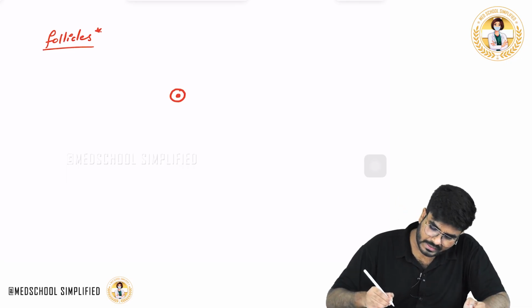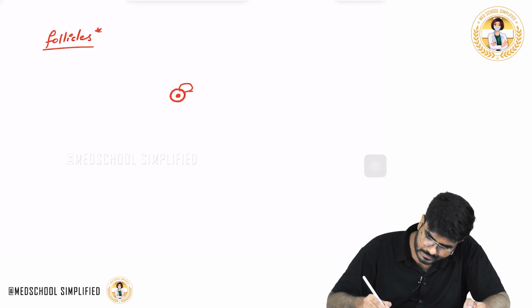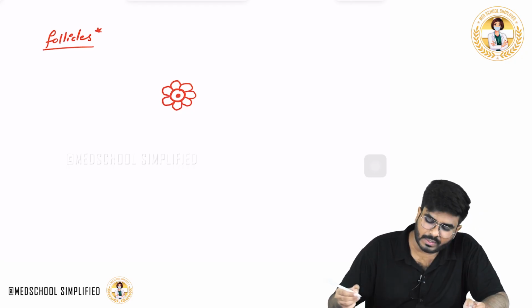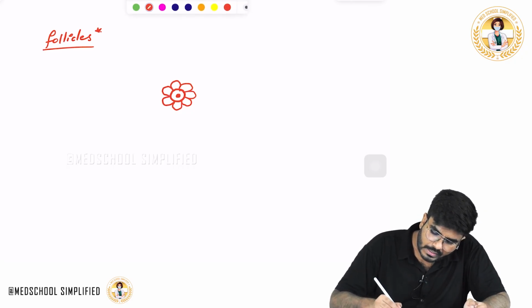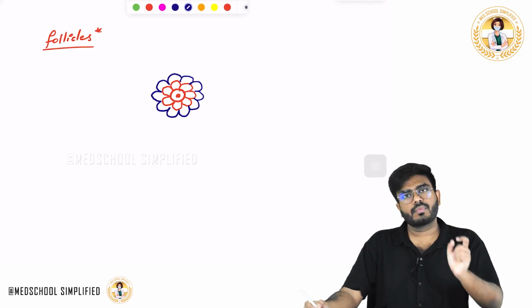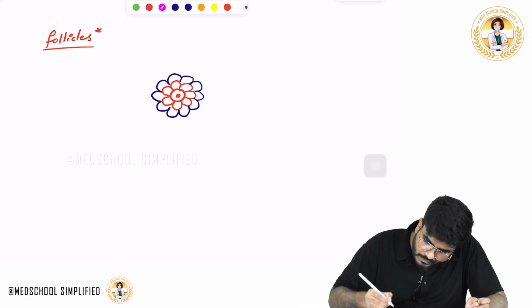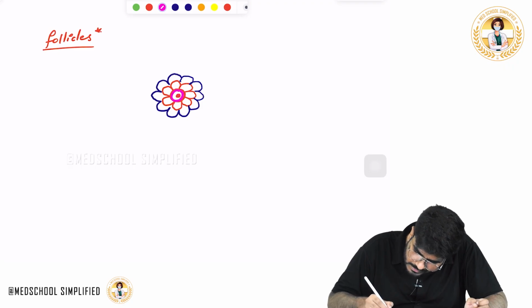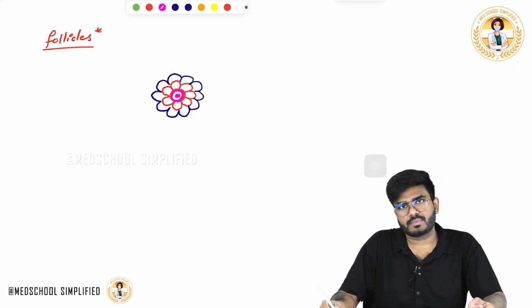This oocyte is surrounded by cells. Two different types of cells, which I want you to know for your exam. This is one type of cell which I am showing in the red color, and the other type of cell I am showing in the blue color. In the center there is an oocyte surrounded by two different types of cells.